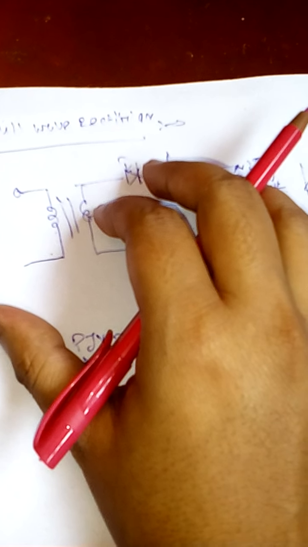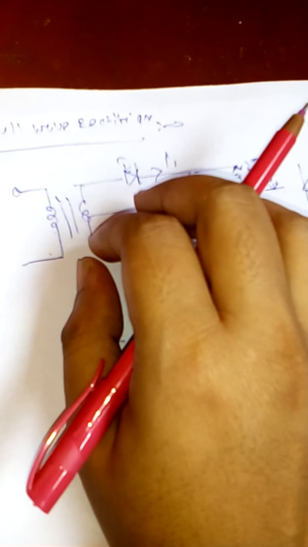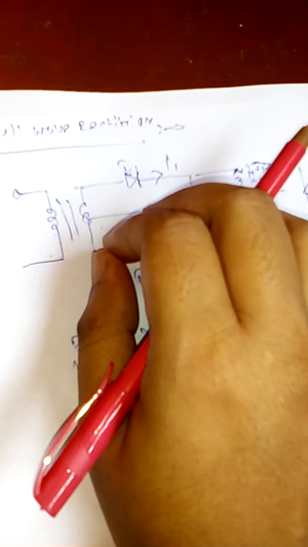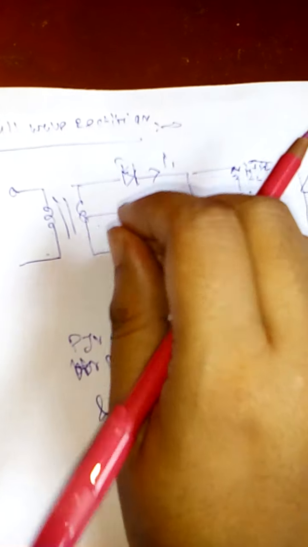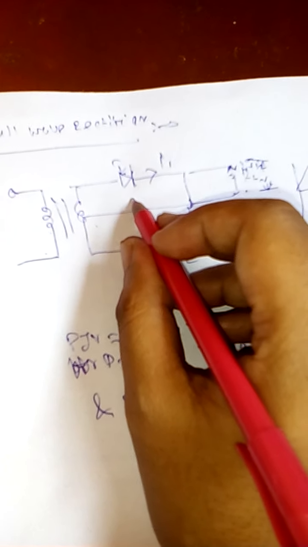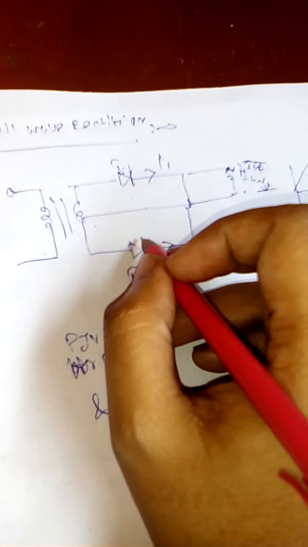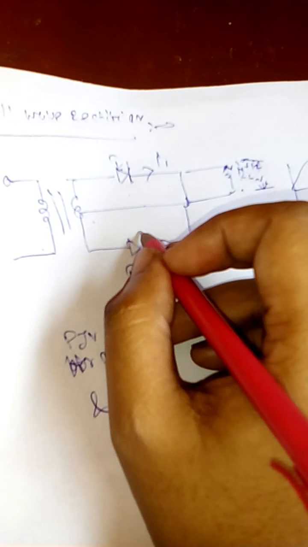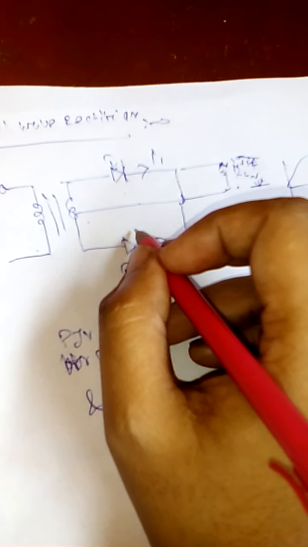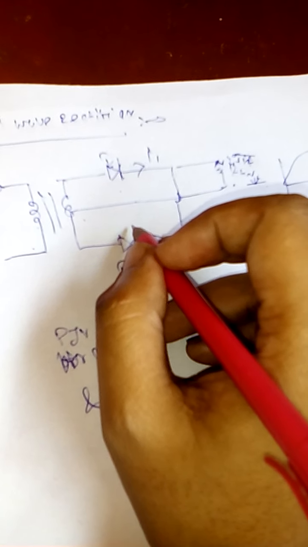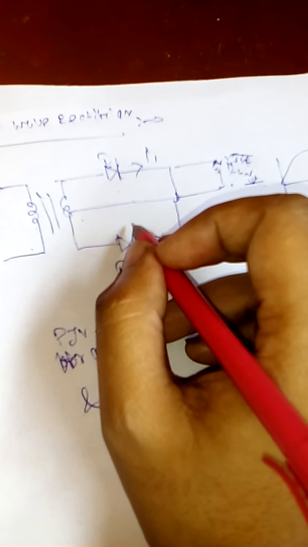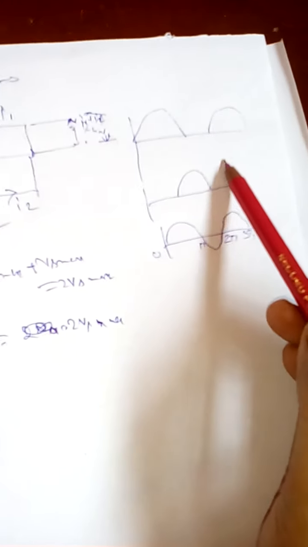During the second half cycle, the input polarity is reversed, making D2 forward biased and D1 reverse biased. So D2 conducts through the secondary wave and the load current flows in the same direction through RL. So we get the output of a full wave rectifier.